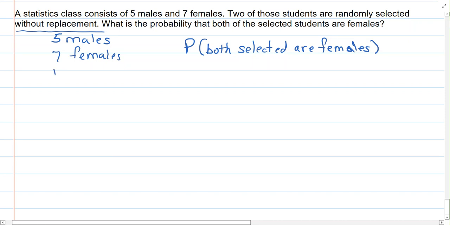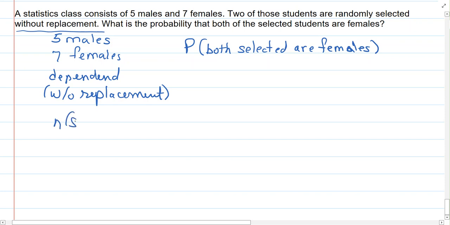All right, now we know that these are dependent because they're without replacement. So we have to find the total. The total is 12. And the cardinality of our event is 7 females. So we're going to have 7 out of 12 for the first one and 6 out of 11 on the second one.